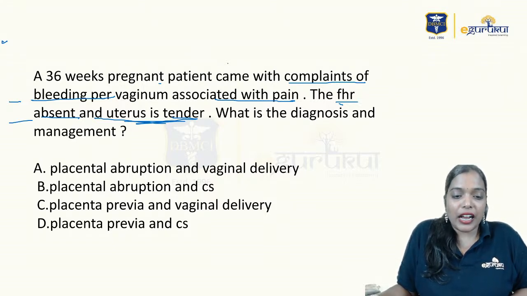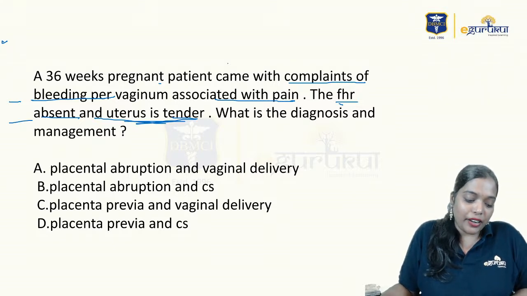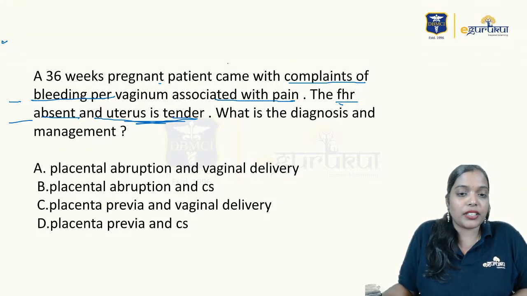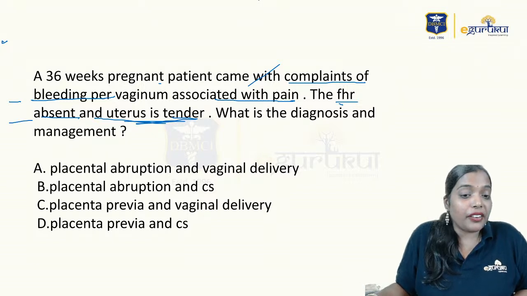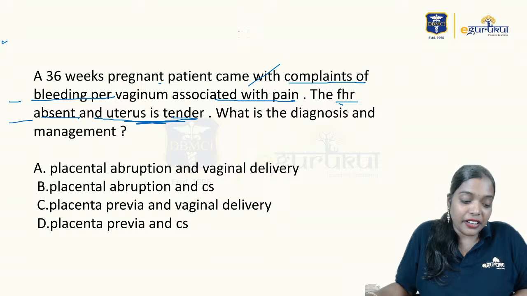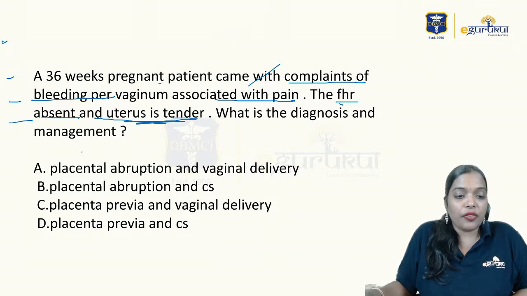Abruption and vaginal delivery, abruption and cesarean section, placenta previa and vaginal delivery, placenta previa and cesarean section. First and foremost, what is the diagnosis here? Is it abruption or is it placenta previa? As she has come to you with painful vaginal bleeding and tender uterus, this is a case of abruption.